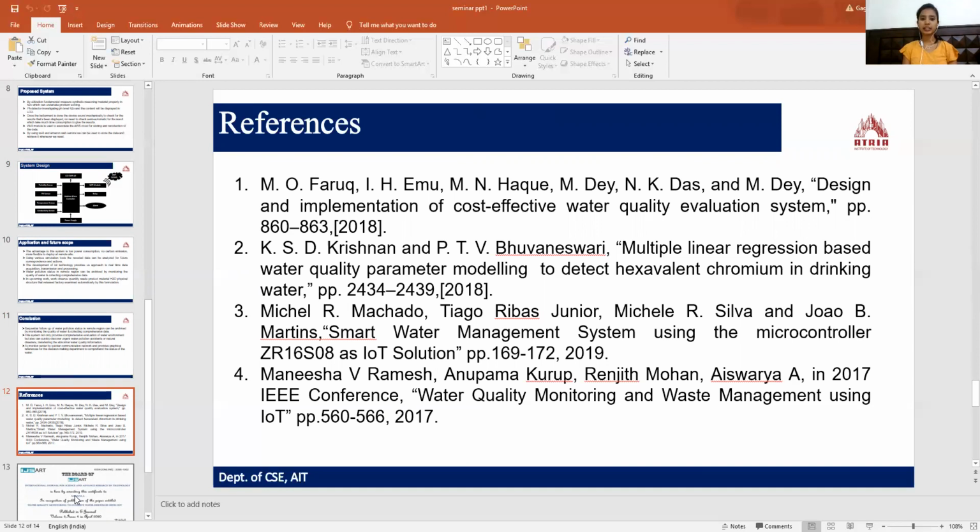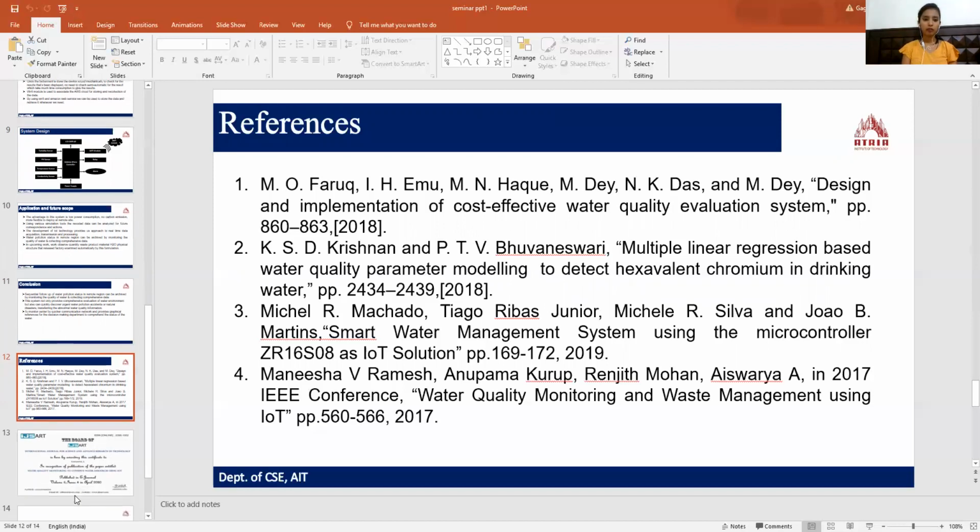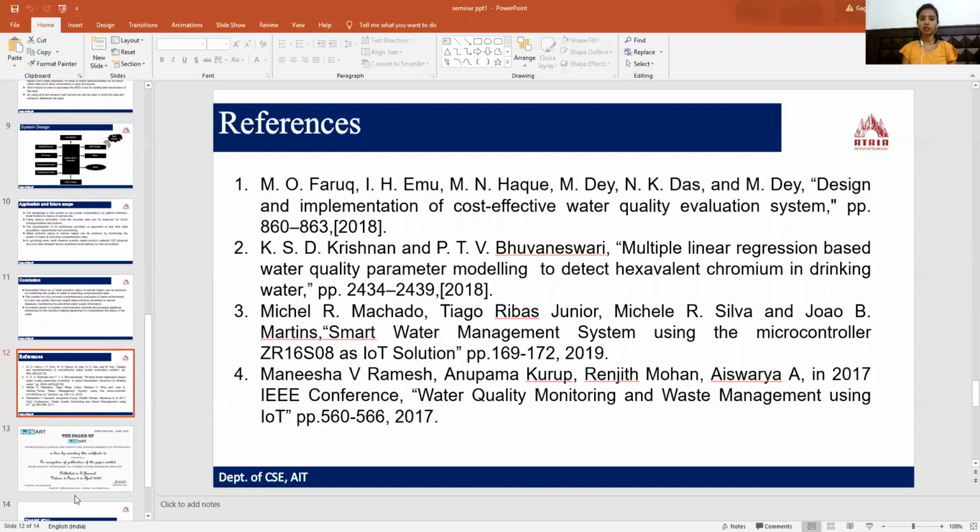K. S. B. Krishnan and P. T. V. Bhuvaneshwari published multilinear regression based water quality parameter modeling to detect hexavalent chromium in drinking water, as we have spoken earlier in the literature survey, in 2018. And one more paper was by Manisha V. Ramesh, who published water quality monitoring and water management using IoT in 2017.